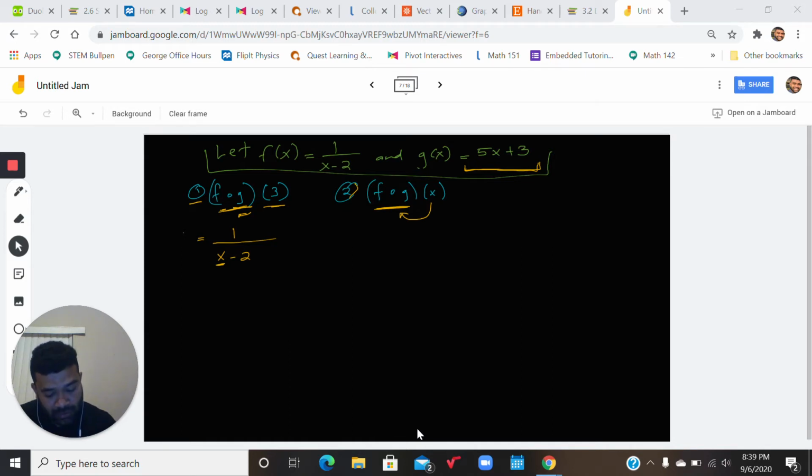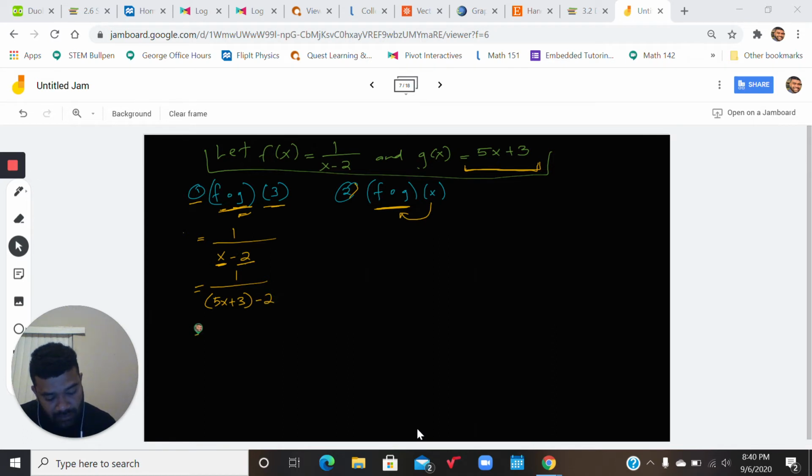If we carry on with the problem, I will have 1 over, and I'm going to replace this x right here with 5x plus 3. So I'm going to put an open parenthesis, I will have 5x plus 3, and then I still bring down that minus 2 right there.